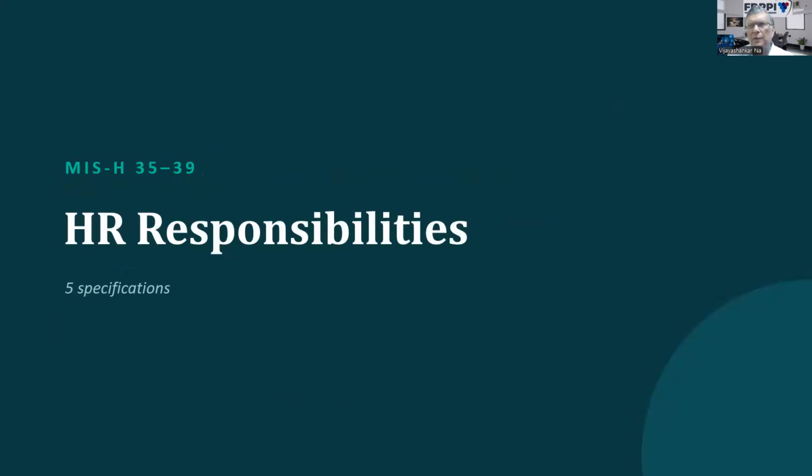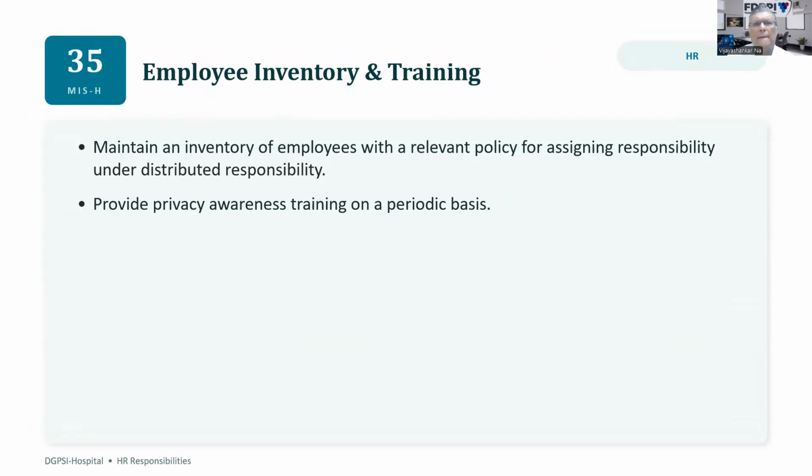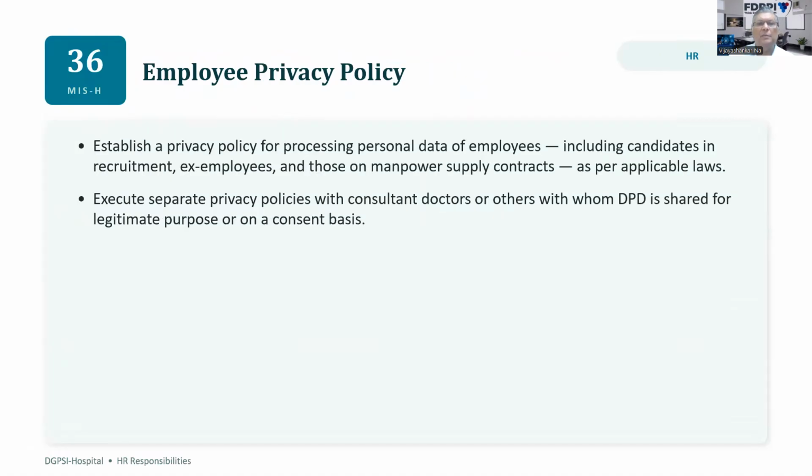Next, we'll continue with the HR responsibilities, under which 5 specifications are mentioned. The first one is employee inventory and training. Maintain an inventory of employees with relevant policy for assigning responsibility under distributed responsibility. Then provide privacy awareness training on a periodic basis.